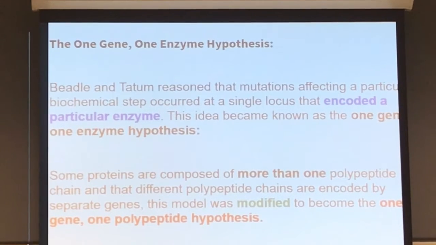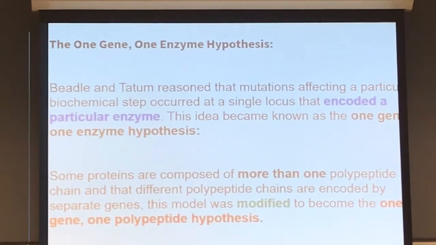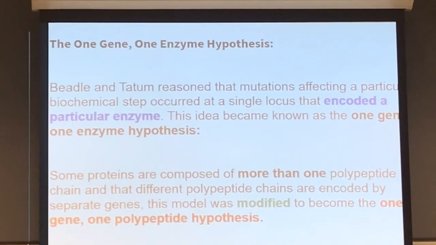One polypeptide chain combines with another polypeptide chain to form a complete enzyme or a complete protein. So then they said probably one gene does not code for an entire protein in every case, but it definitely should code for at least one polypeptide chain of a protein. And so they modified the hypothesis and called it the one gene, one polypeptide hypothesis.